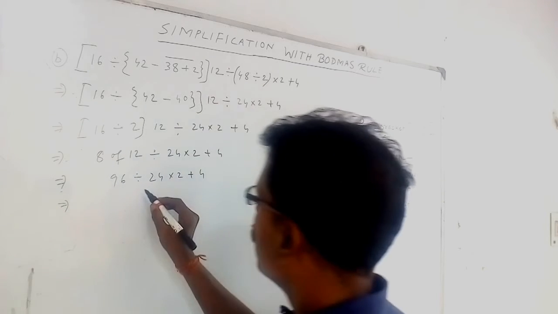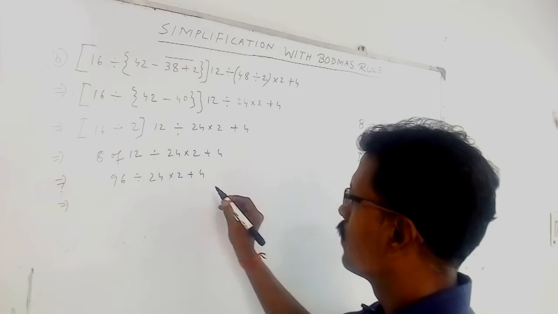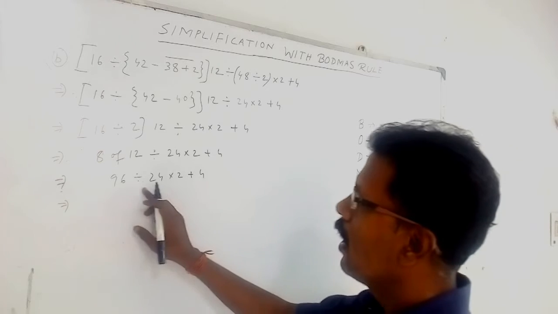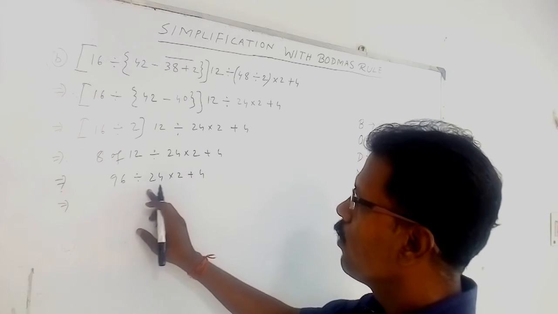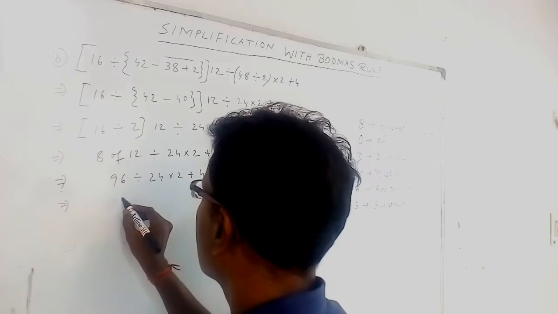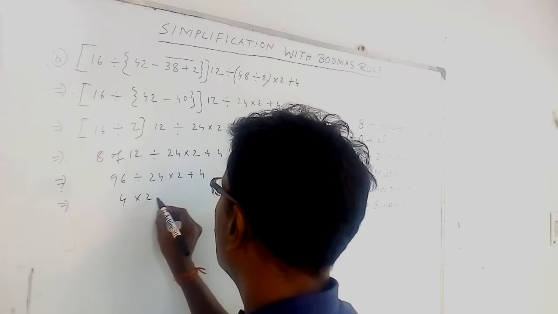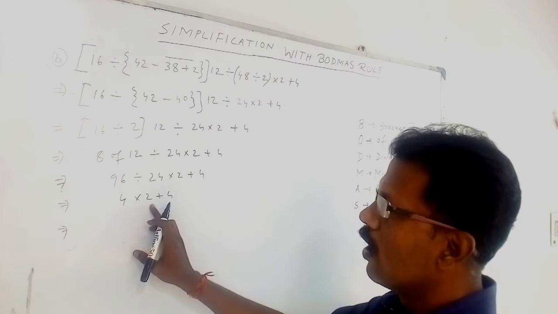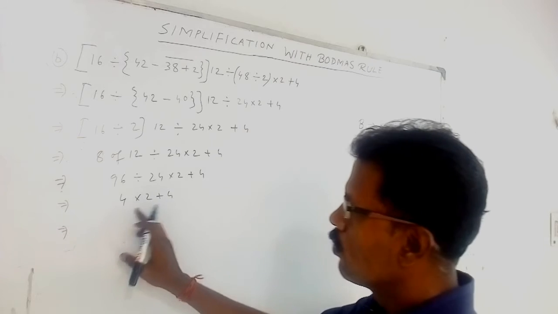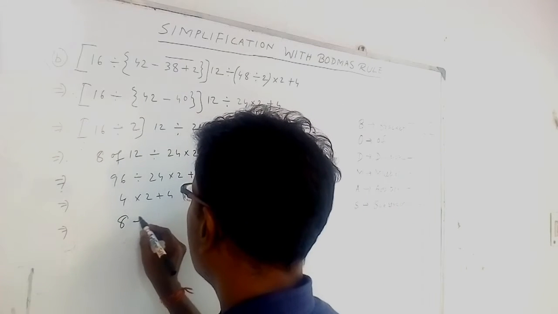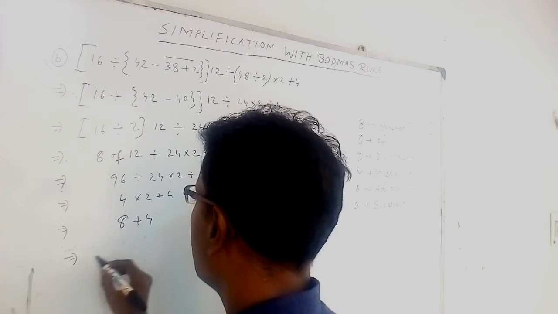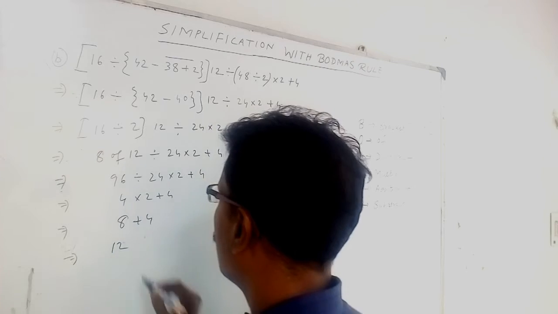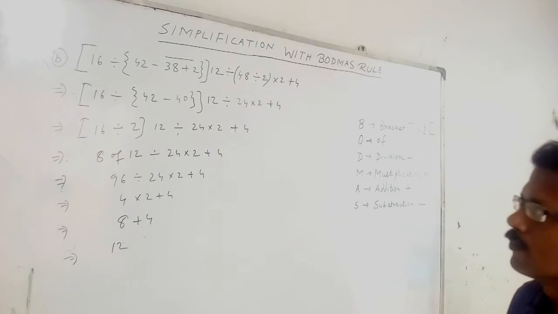Division should be done first: 96 divided by 24 is 4. Then 4 into 2 is 8, plus 4. 8 plus 4 is equal to 12. Okay, this is the answer, 12.